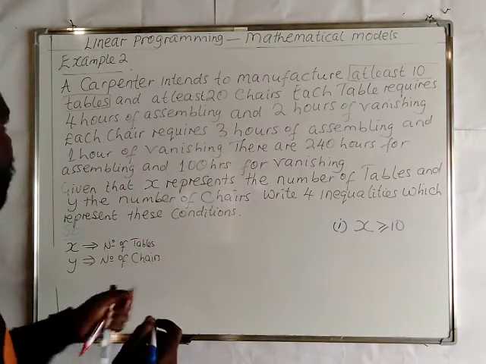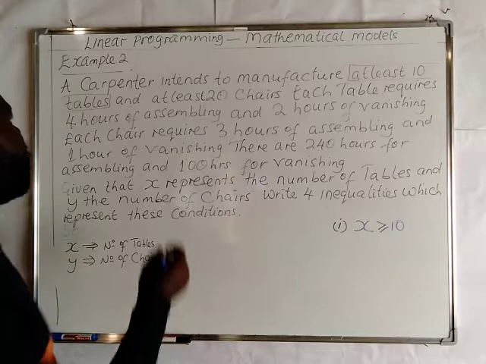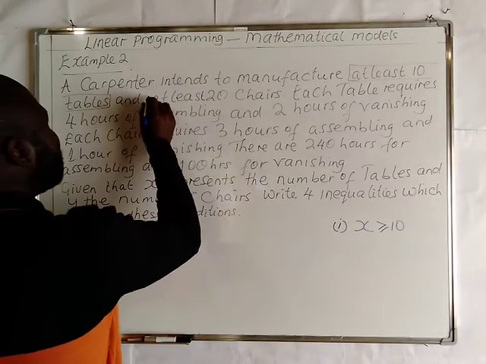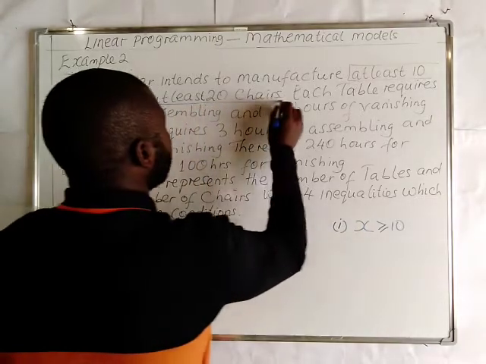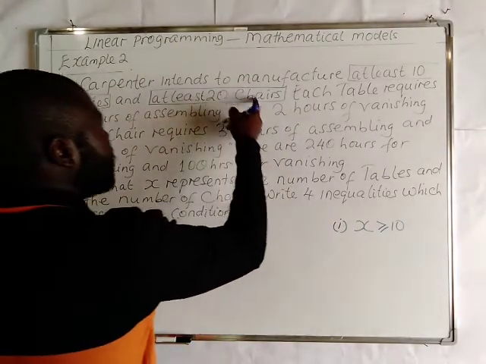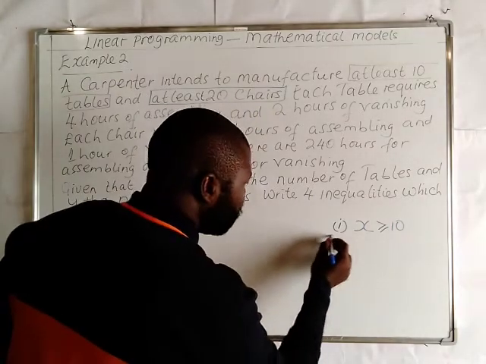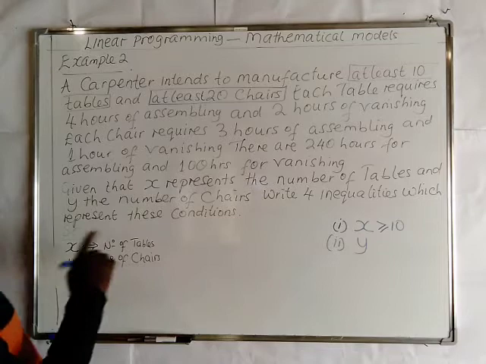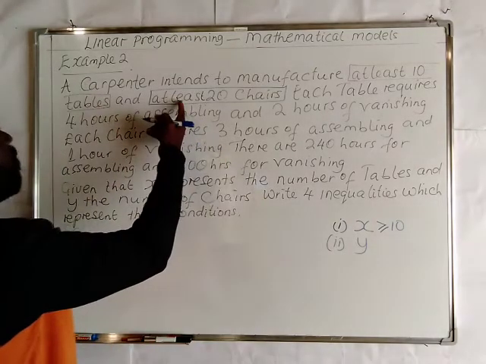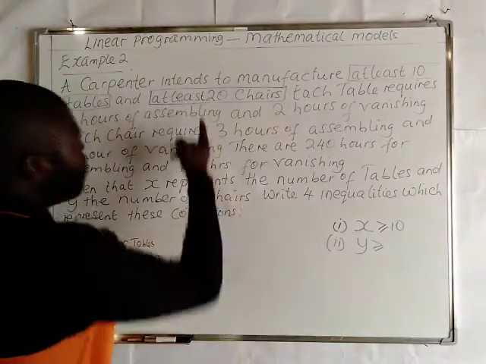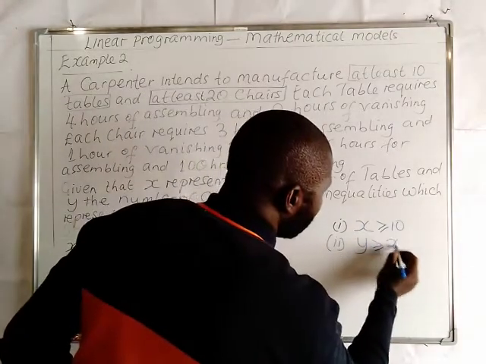And the second inequality will come from this statement, at least 20 chairs. Chairs are Y. At least means greater than or equal to, then we also have 20.